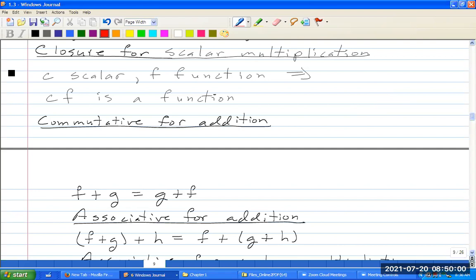So the closure property for scalar multiplication. Let C be a scalar. A scalar is just a fancy name for a number. So let C be a number. Usually a number will be a member of a field, such as the field of rational numbers. Or it could be something more primitive, like a ring, so it could be like maybe some integers.